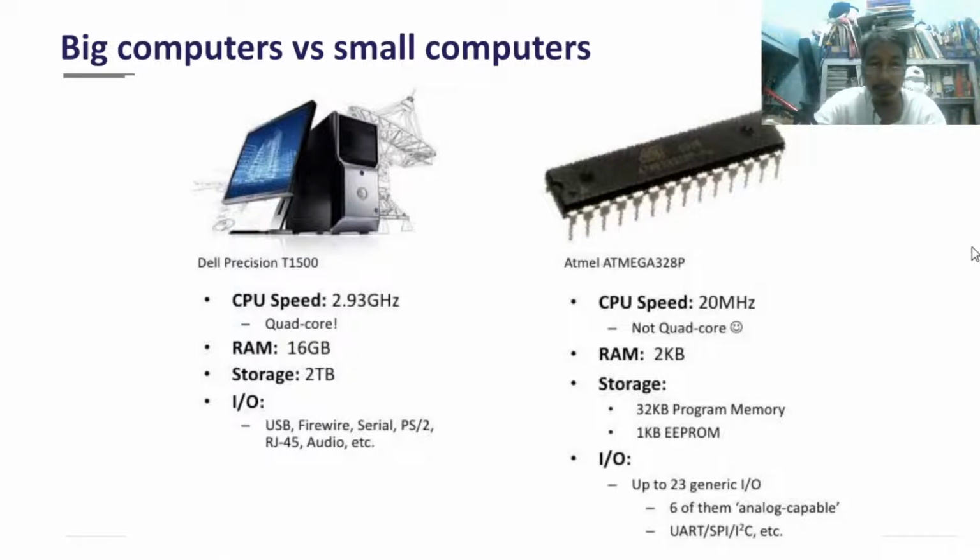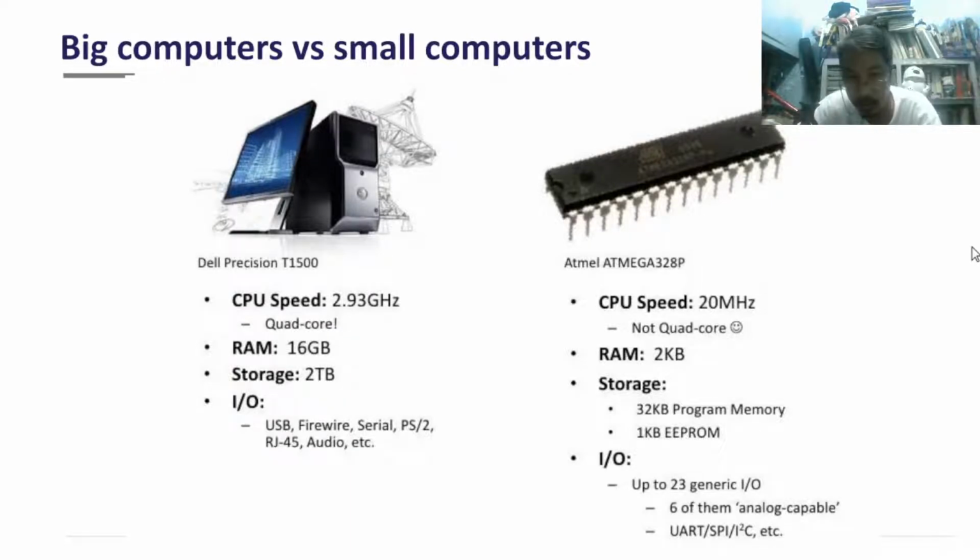It's too much. I/O for a desktop computer: USB, FireWire. Imagine there are several USB ports that could be used by a desktop computer. Even a laptop computer has at least 3 USB ports. Then you have FireWire, serial, PS2, RJ45 jack, audio, and so on. And the HDMI port.